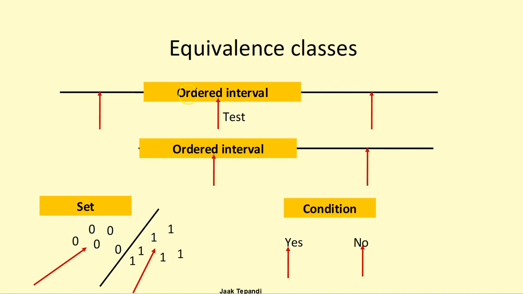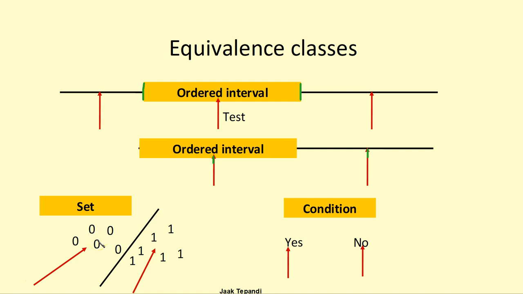Equivalence classes can be found in different ways. For example, if it's an ordered interval of numbers, then I could take one test inside this ordered interval and two tests outside it. If it's bounded only from one side, we could take one test inside and one test outside.